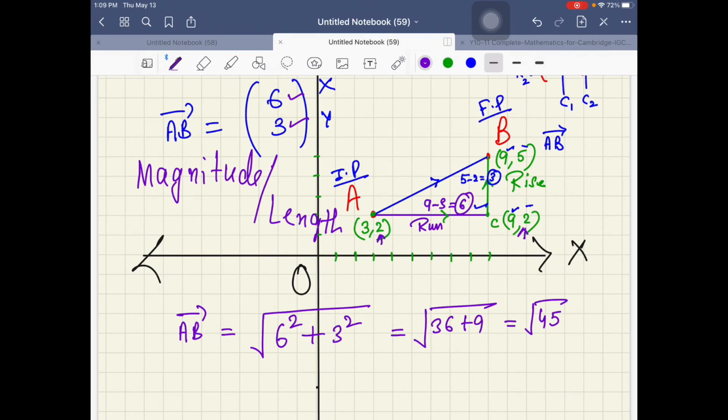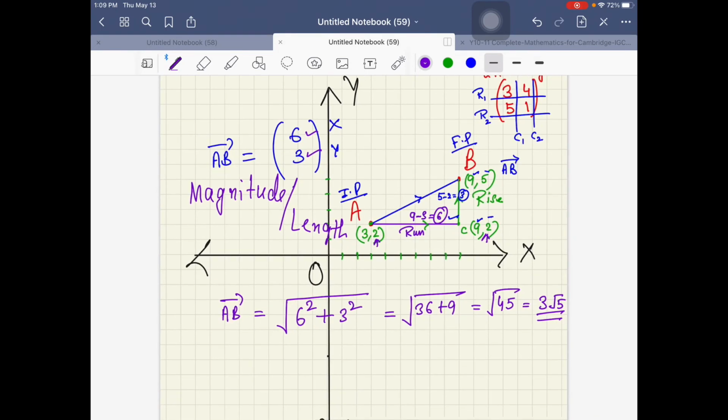which is equal to 3 root 5, or we can use a calculator to find the answer to 2 decimal places or 3 significant figures. In simple words, we denote the magnitude of a vector with the vector AB in modulus signs, or simply deleting the vector sign, just writing AB as a segment.